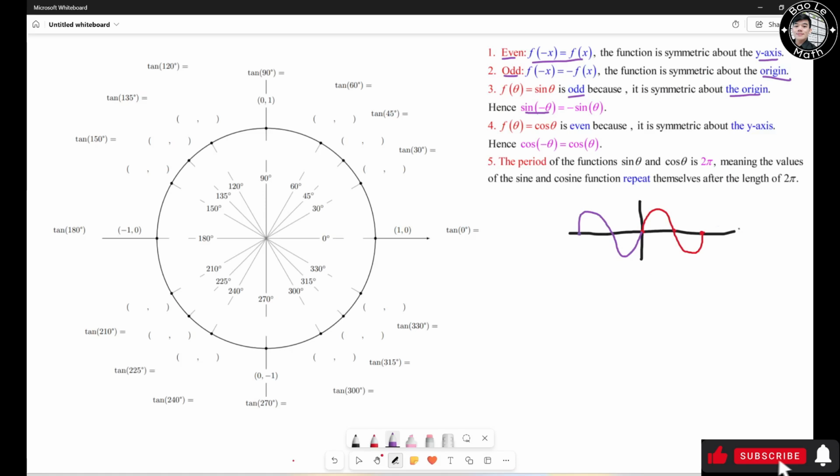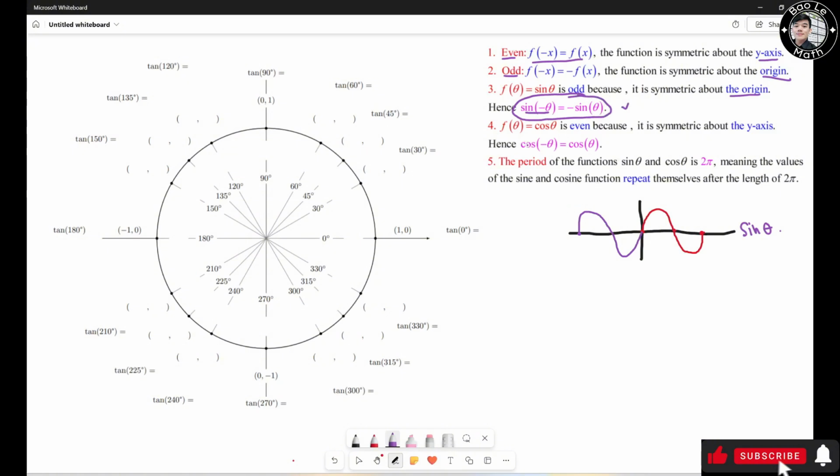So sine of negative theta equals negative sine theta. Keep this information in mind because it's really helpful for calculating the bigger angles.